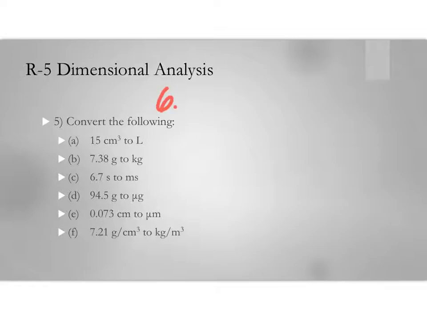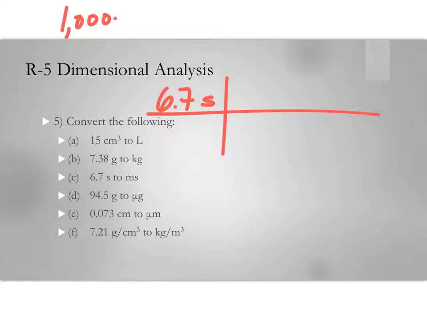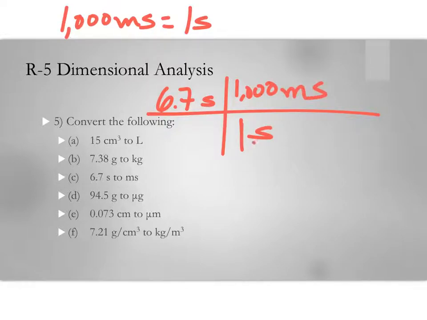So 6.7 seconds, and we have 1,000 milliseconds equaling 1 second. So 1 second goes down there, and 1,000 goes above in the numerator, and so you get 6,700 milliseconds.